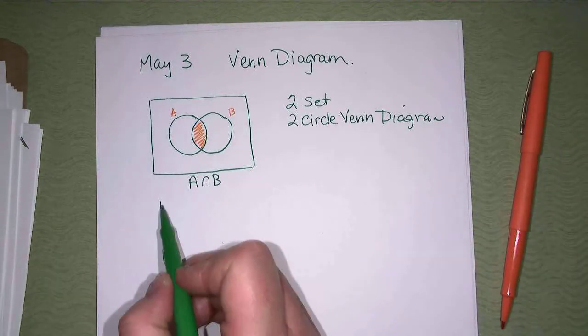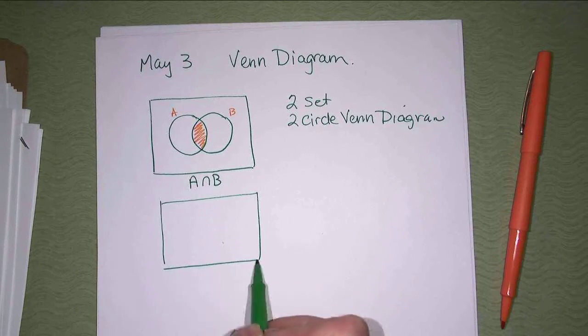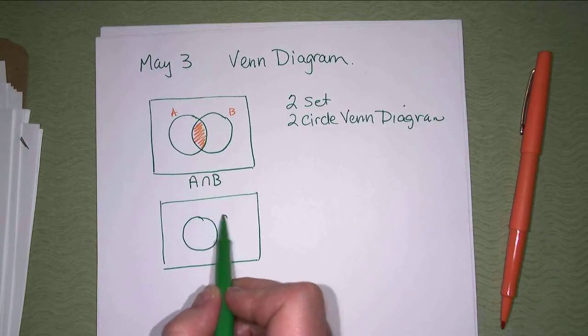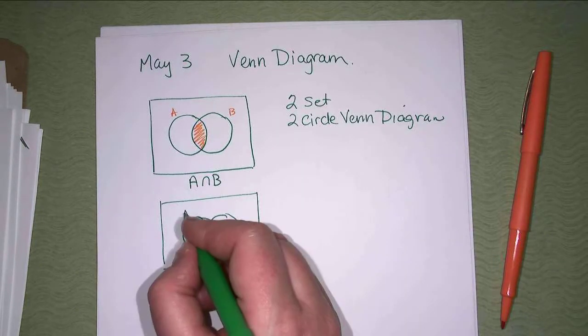And if we wanted A union B, what would that look like? If you have a highlighter, that works nice for these.